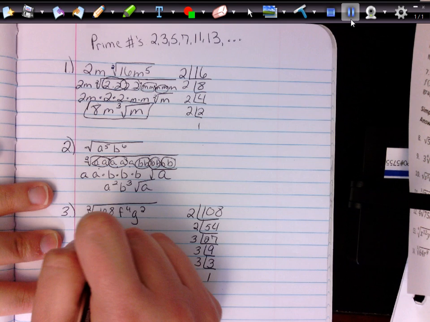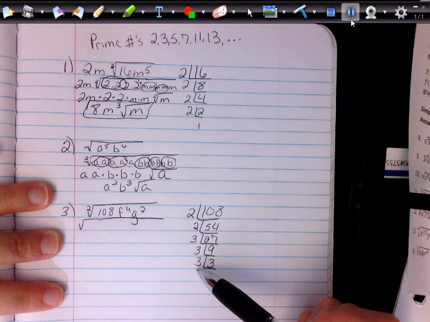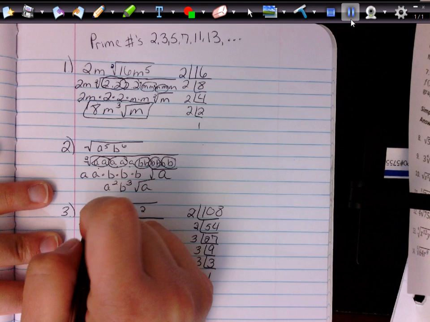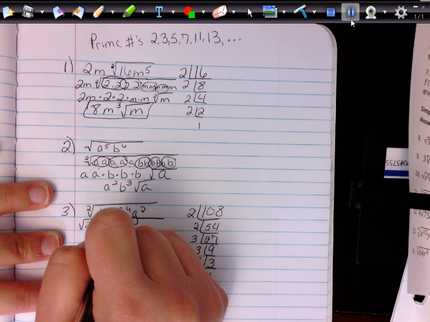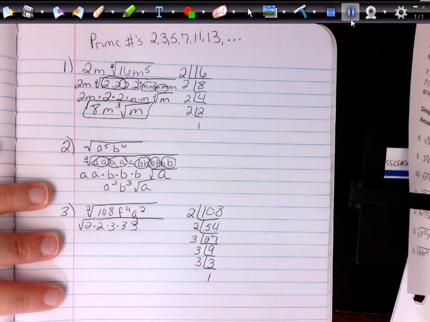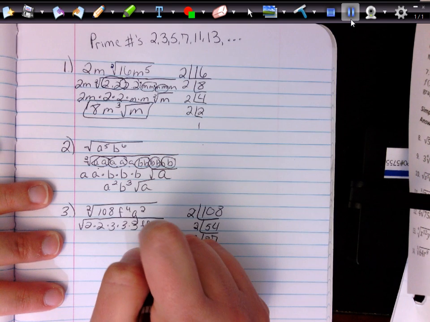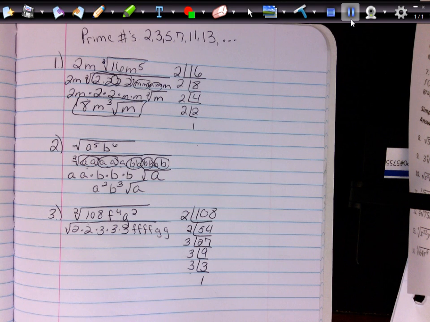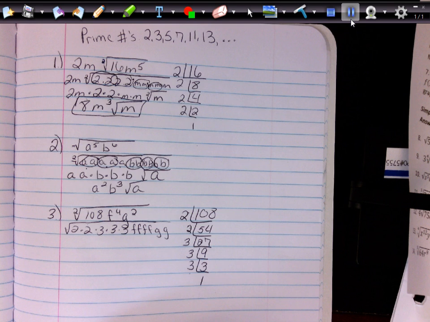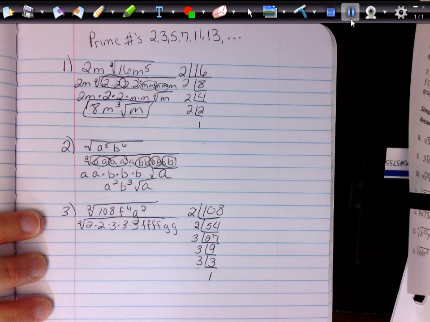So I'm going to rewrite this, and instead of 108, I'm going to write 2 times 2 times 3 times 3 times 3 from the outside of my birthday cake. So I have 2 2's and 3 3's. I have 4 F's and 2 G's. So I have everything written out in its primes here, and I know that this is again a square root, so I'm looking for pairs or groups of 2.